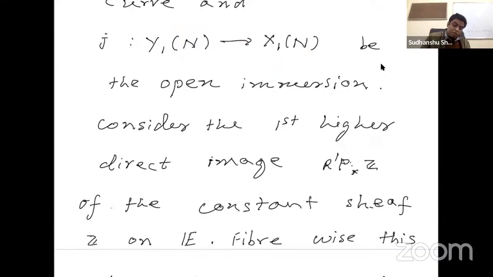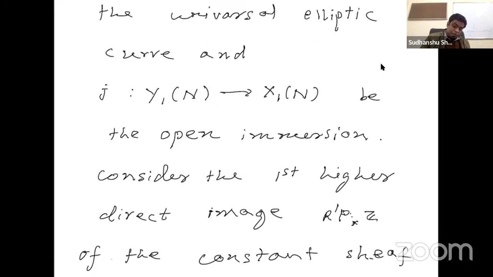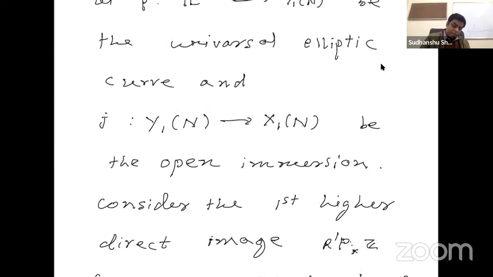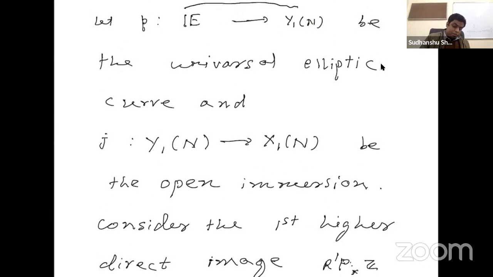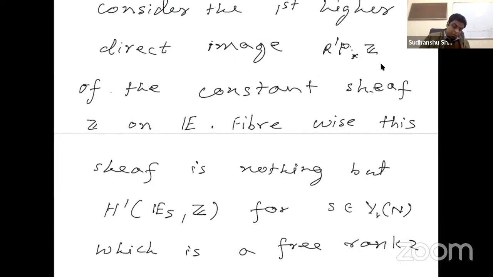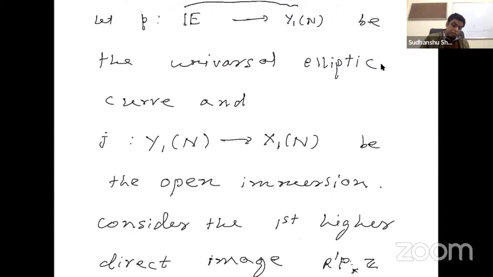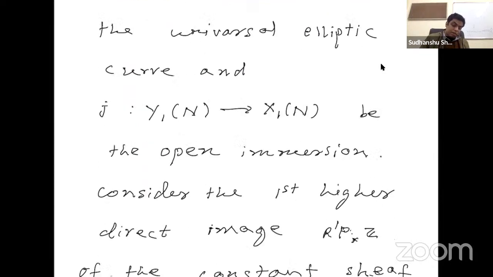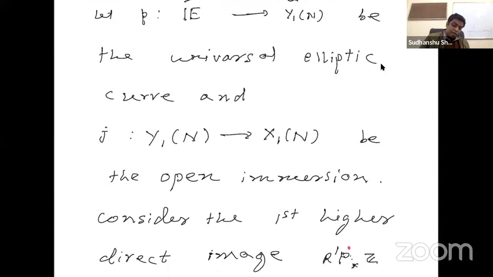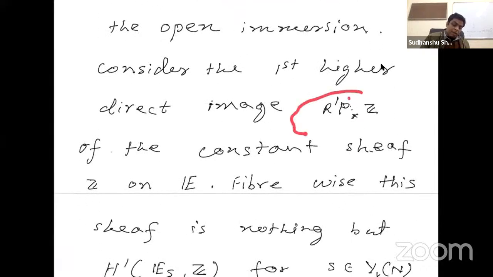You have this map p here. You take the constant sheaf Z on Y1(N), then take it via p star to E, and then you take the first higher direct image of that.